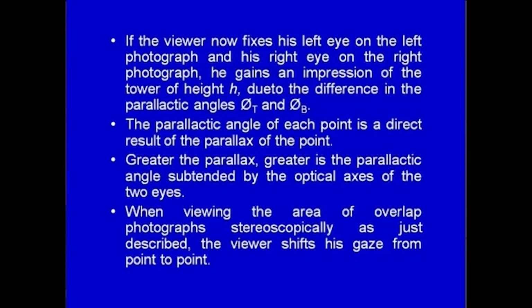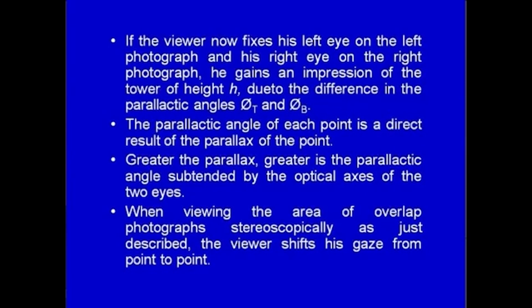If the viewer now fixes his left eye on the left photograph and the right eye on the right photograph, he gains an impression of the height of the tower H due to the differences in the parallactic angles phi t and phi b, where phi t is the parallactic angle of the top of the tower and phi b is the parallactic angle of the bottom of the tower.